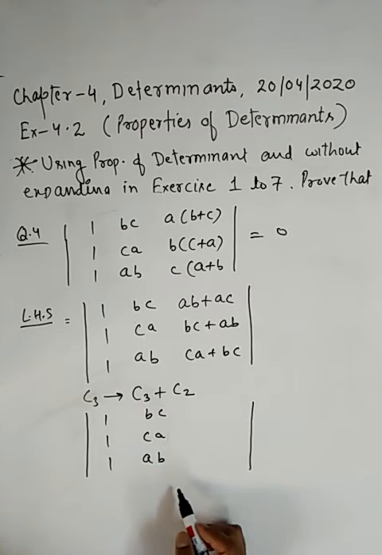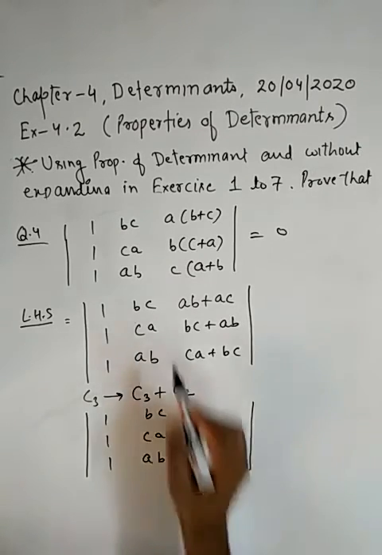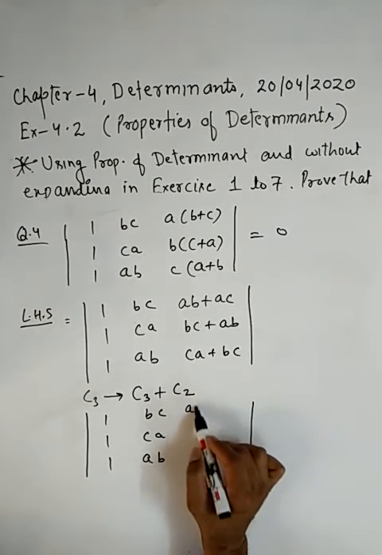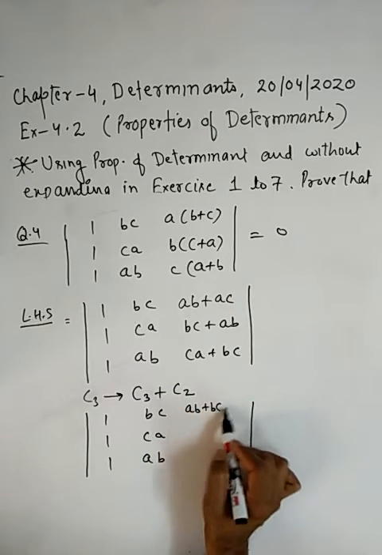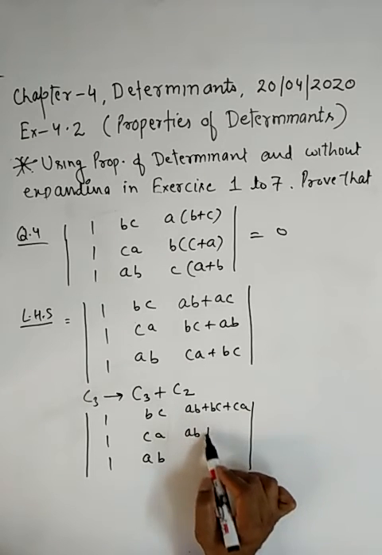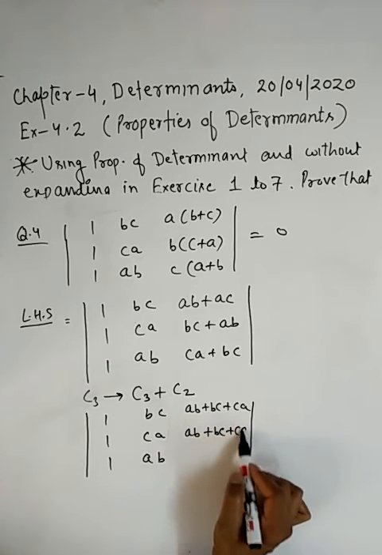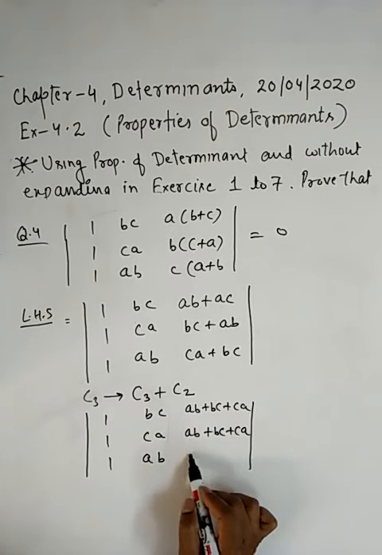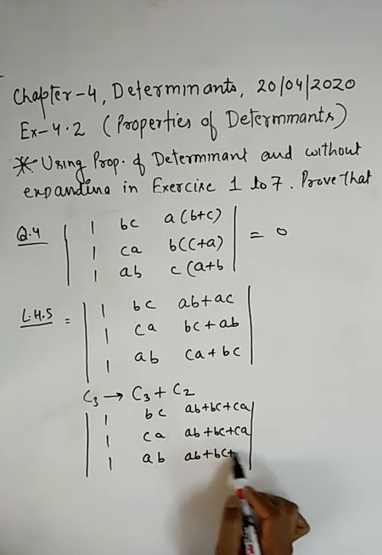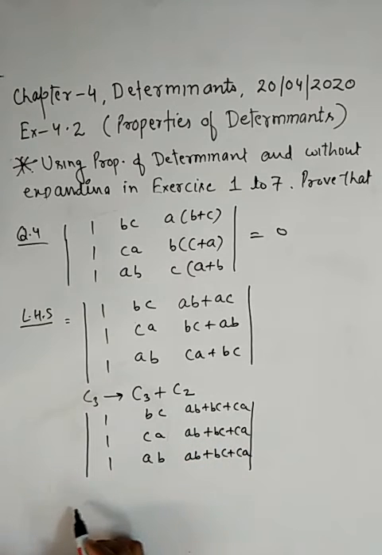Column 1 column 2 keep same. Now adding column 2 and column 3, we get AB plus BC plus CA. Again AB plus BC plus CA. Last AB plus BC plus CA.